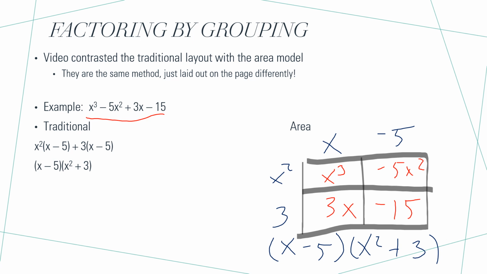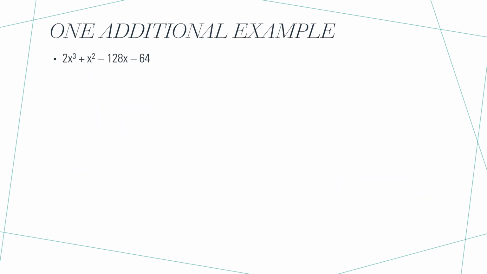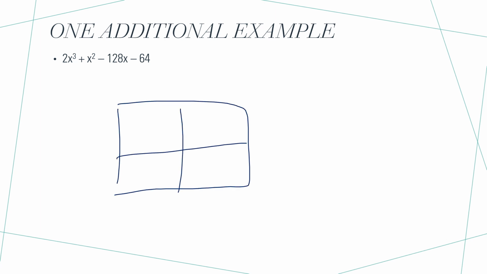Now, the only other thing that was covered in your classwork, you needed to copy down a problem as it was done in the video, and people did not quite finish copying it down. So let's just make sure that we are all good on this. So we have 2x to the third, x squared, negative 128x, and negative 64.